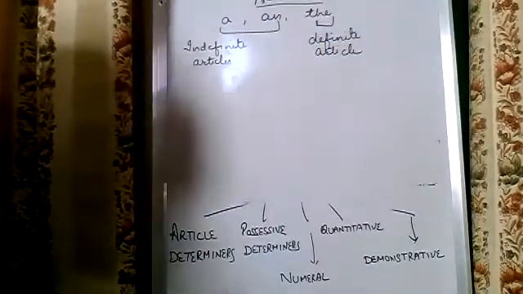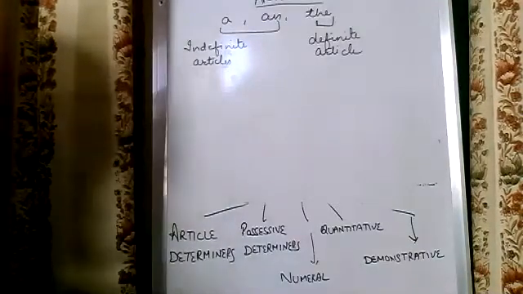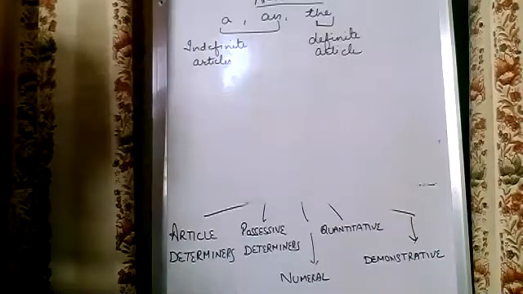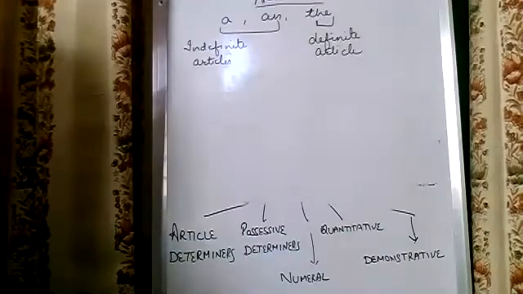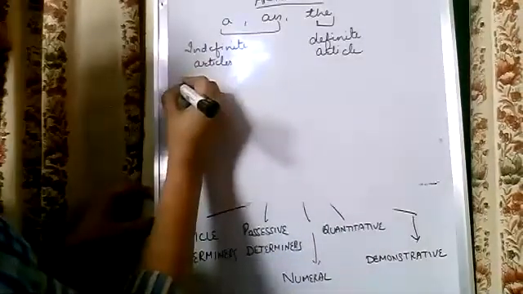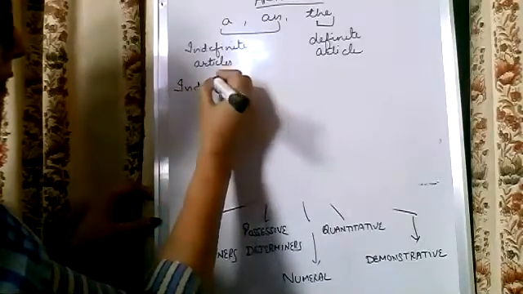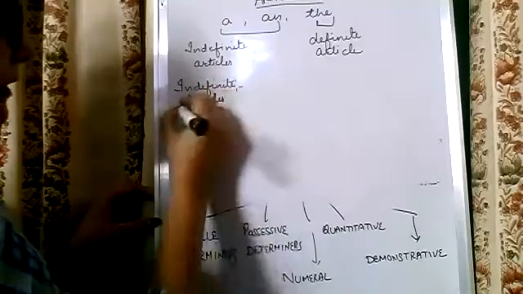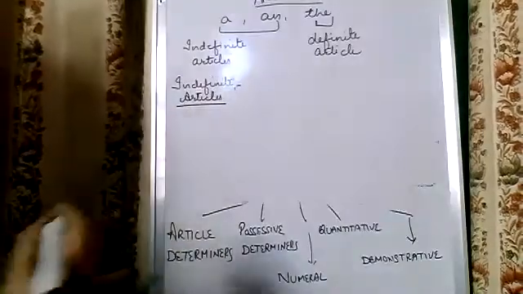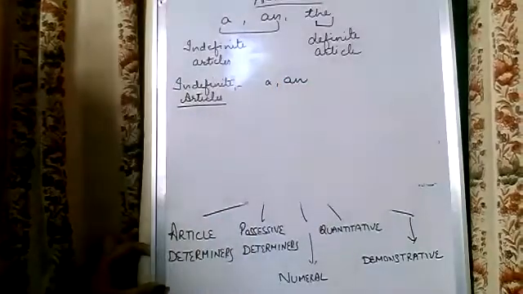So the next question is where these are used, where definite or indefinite articles are used. First of all, we will discuss indefinite articles. What are indefinite articles? A and an are indefinite articles.